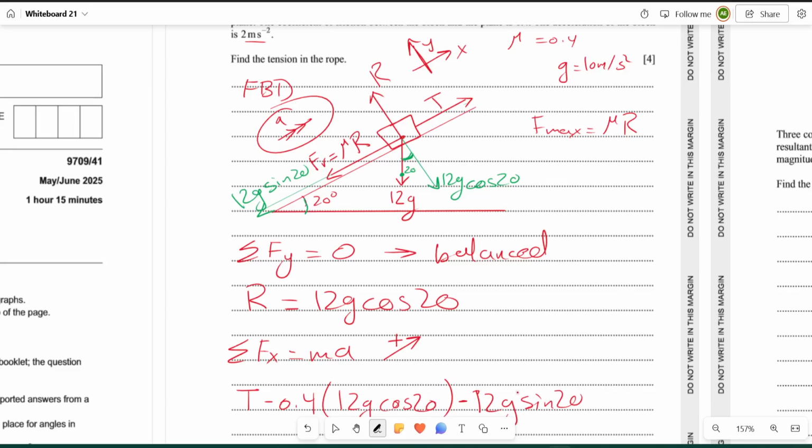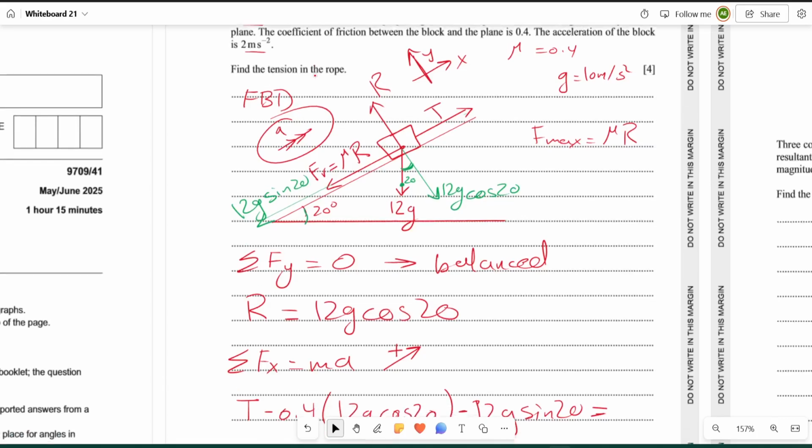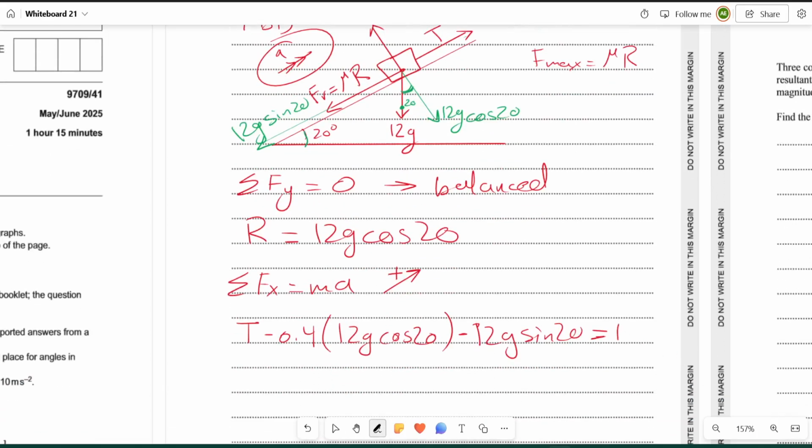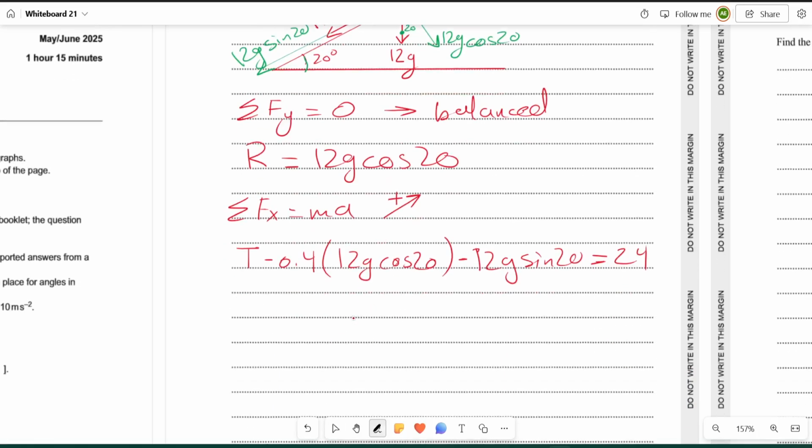So this left part is the sigma forces, and I'm going to equate it to the right part, which is mass times acceleration. What is the mass? It's 12. Acceleration is 2. So 12 times 2 is basically just 24. And from here, I can solve for tension. So tension is going to equal 24 plus this term, which is 0.4 times 12g cosine 20. And then when I move this to the other side, it's also going to be plus, so plus 12g sine 20.